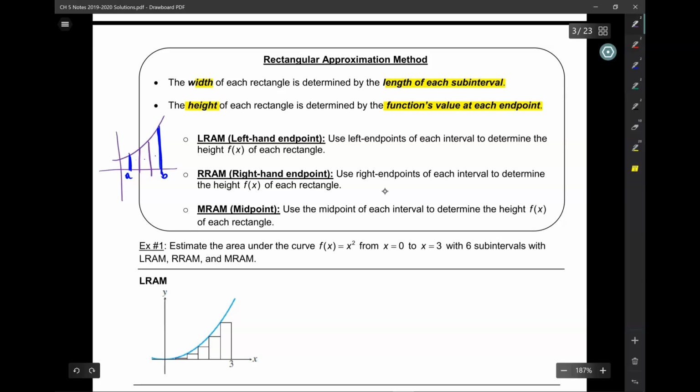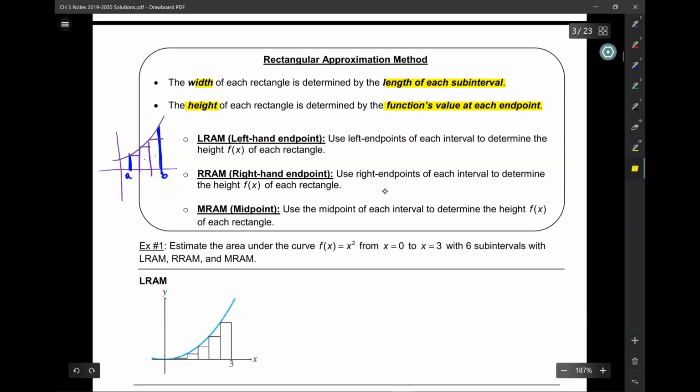For each one, I have to close the top. I can use the left endpoint of each subinterval to make it a rectangle, and it would look like that.